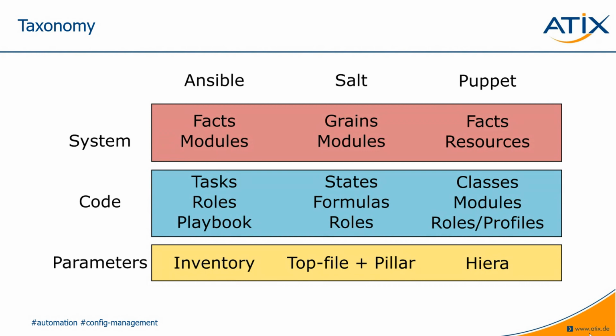So IP address or host name, which user should be used, which SSH key should be used. And so I build something similar to the Ansible inventory additionally to the top file and the pillar. So I hope everyone is confused now. So let me just go over how this works exactly with the different tools.